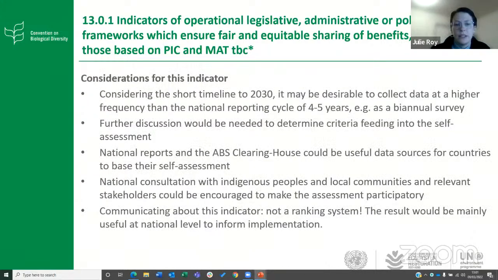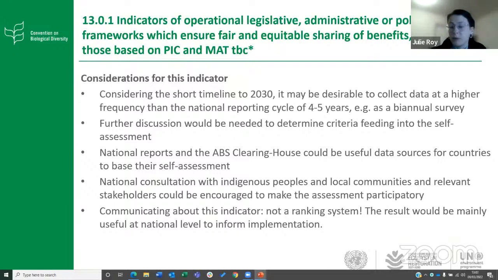Next slide, please. And so this methodology is inspired by the SDG indicator 17.14.1, which is an indicator on also having mechanisms in place for sustainable development. There's other examples here that could also be useful. So it's really looking into policy effectiveness, whatever the topic of the policy is. There's several approaches to how that can be measured. So in this context for ABS and for Target 13, there is quite a short timeline for targets to be achieved by 2030.